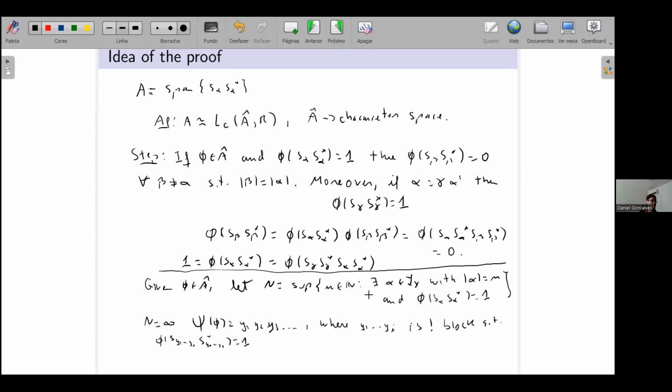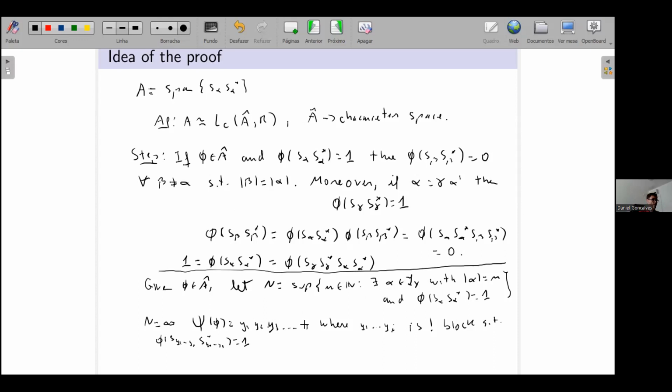Okay, there is only one block, right? If n is infinity, there must be some blocks where it's 1, well, an infinite number of them, and using the claim here, it's easy to see that it defines an infinite sequence, right?